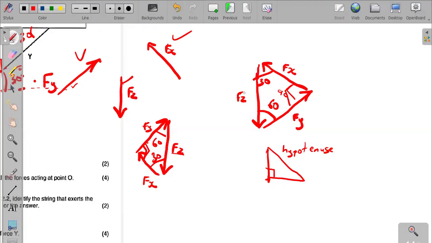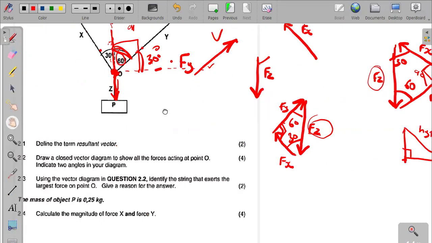Apparently it's Fz. So Fz is the longest side. Fz is the largest force. In what sense? Because it is represented by the longest side on our closed vector diagram. So because of that, it is the biggest or the largest force.